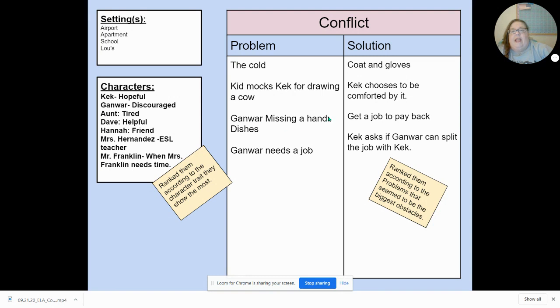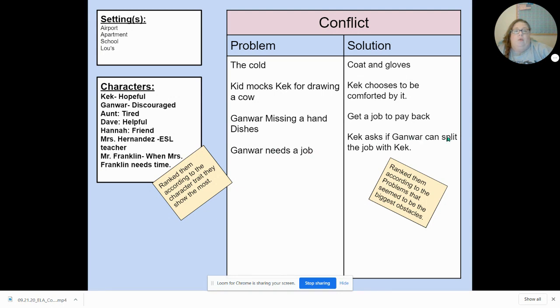Ganwar's missing a hand and the dishes. What's the solution? Well, there is no solution for Ganwar missing a hand, but there is a solution for the dishes, and that's get a job to pay things back. Ganwar needs a job.